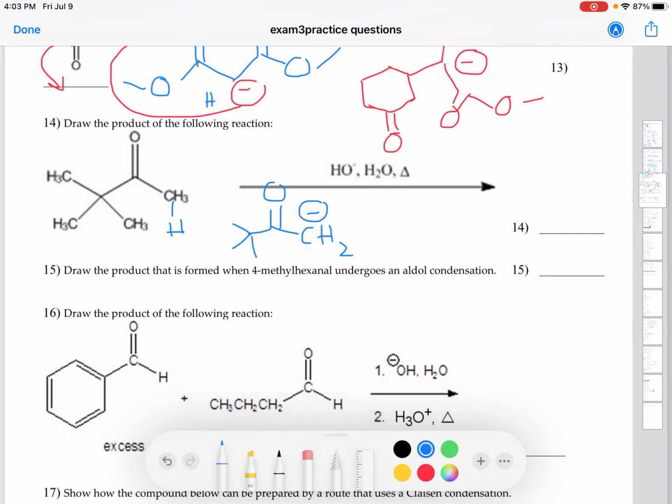So in the aldol reaction, this can react with another molecule of the same kind, and this is going to go and react with the carbonyl group of the other ketone, forming a bond between the carbon of the carbanion and the carbonyl group of the other molecule, giving you this product, CH2, and then the newly formed carbon, so in this CH2 right there, and then you form O minus.